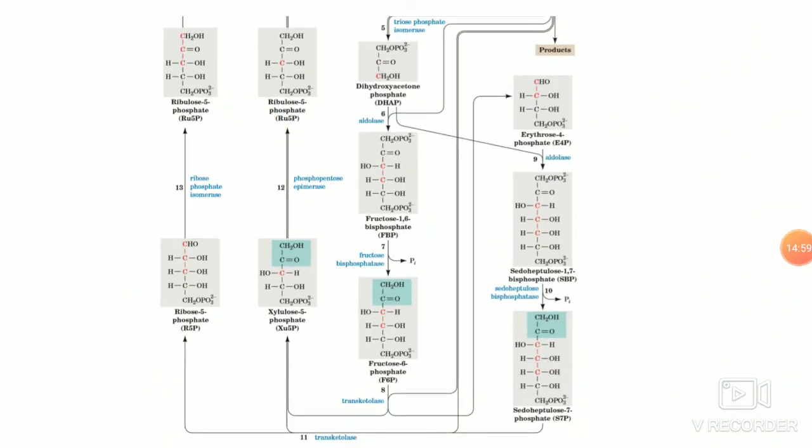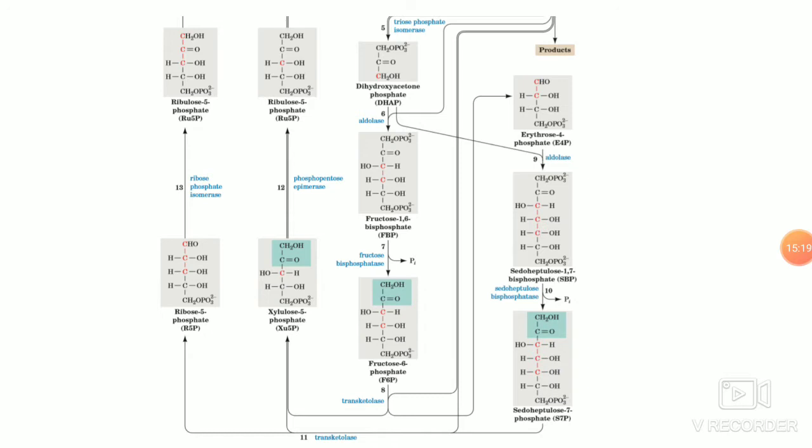Now there are three molecules of ribulose 5-phosphate, and these three molecules are converted to ribulose 1,5-bisphosphate by an enzyme phosphoribulokinase, involving the use of energy.